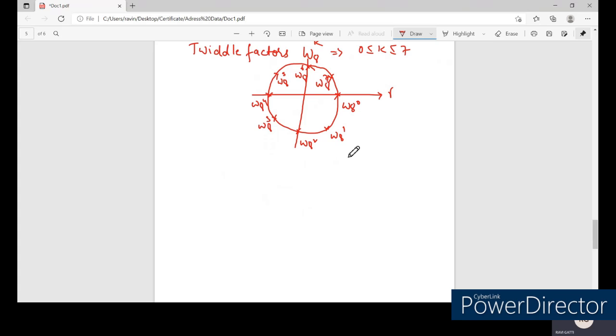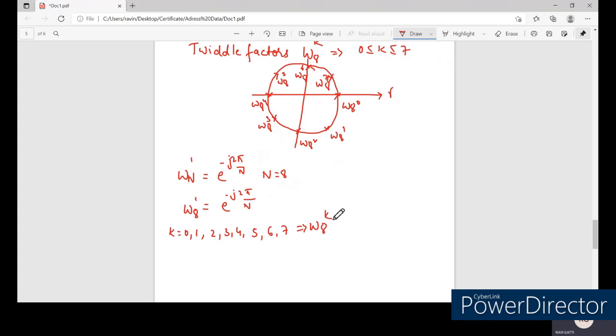We know that omega N to the power of 1 is nothing but e to the power of minus j 2 pi by N. Since in this case N is equal to 8, let us substitute. Omega 8 to the power of 1 is e to the power of minus j 2 pi by 8. Now you go on substituting k is equal to 0, 1, 2, 3, 4, 5, 6 and 7, so that you can find omega 8 to the power of k.